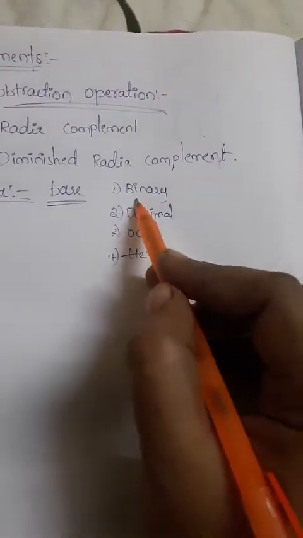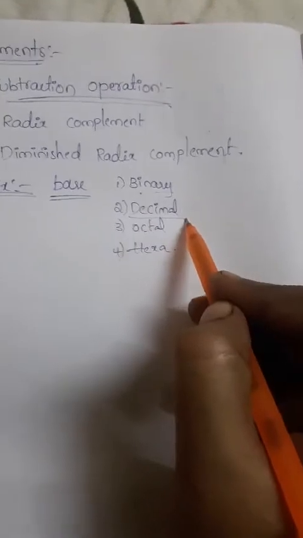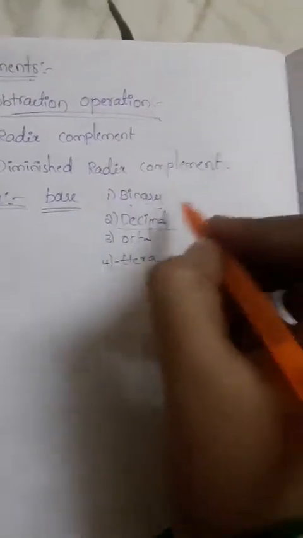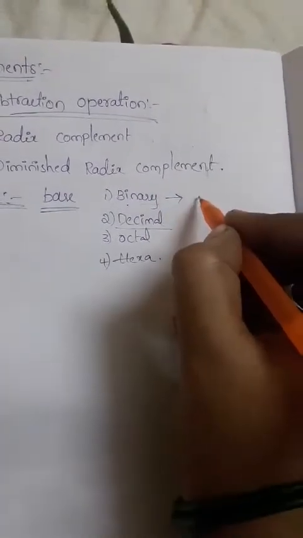Each number system has some base. How to represent the base? The binary base is represented as 2.